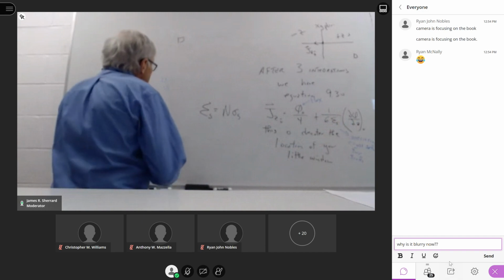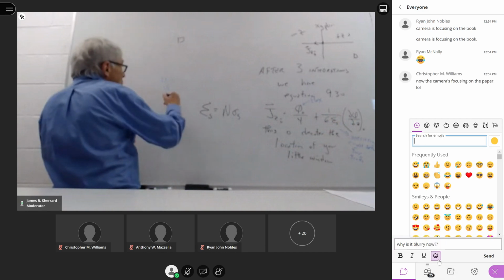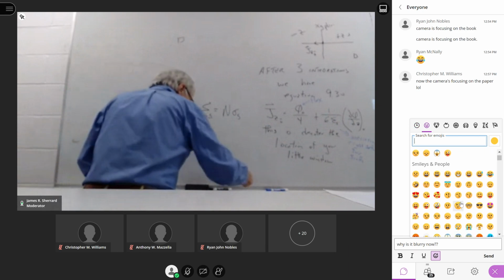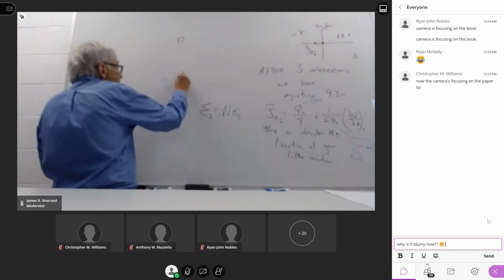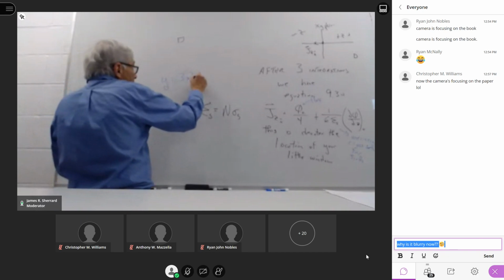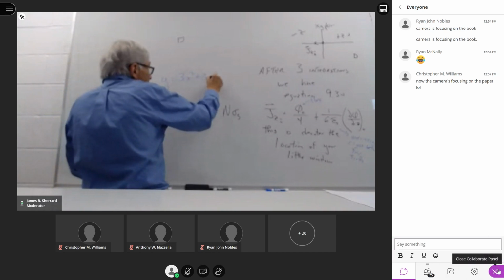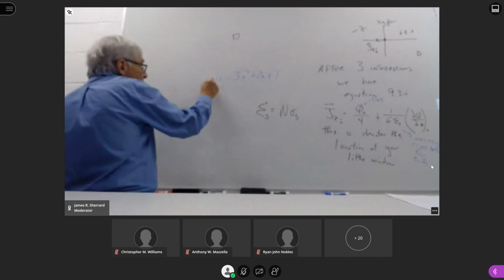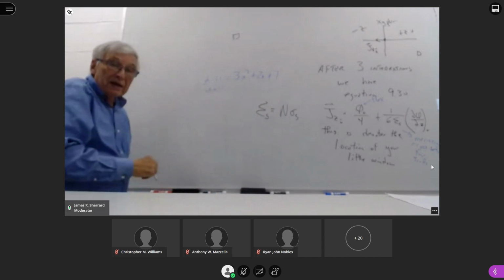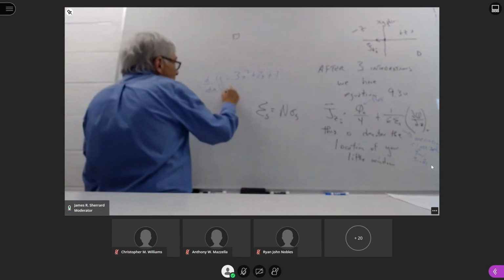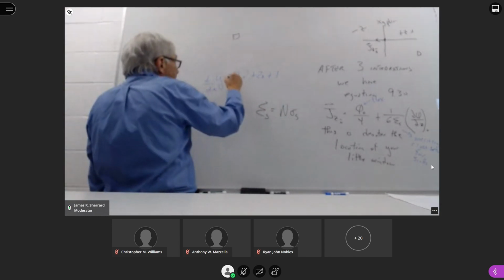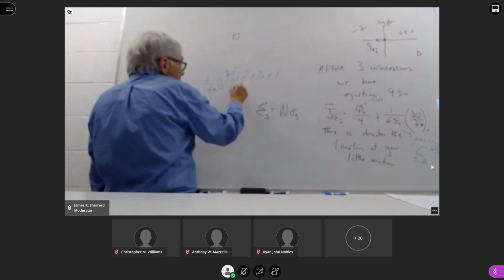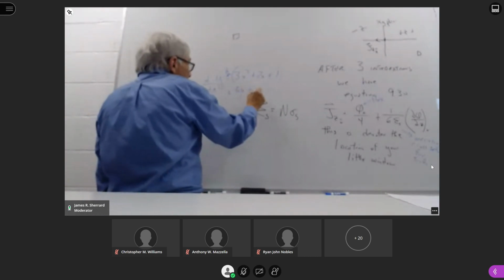So if we have an equation, y is equal to 3x squared plus 2x plus 1. If I take the derivative of this with respect to x, I expect everybody could do that. So that's going to be 6x plus 2.